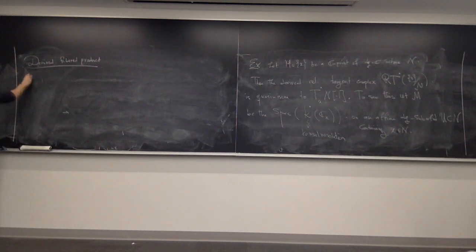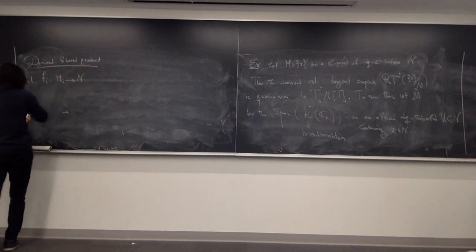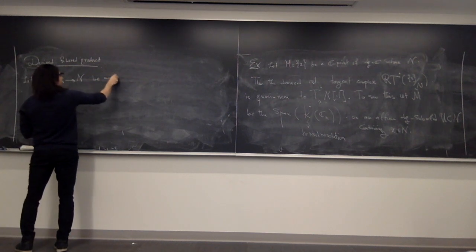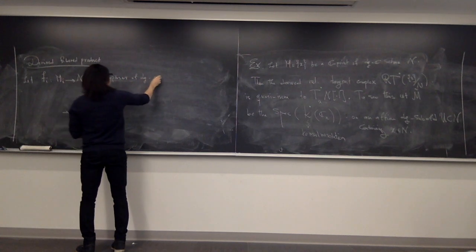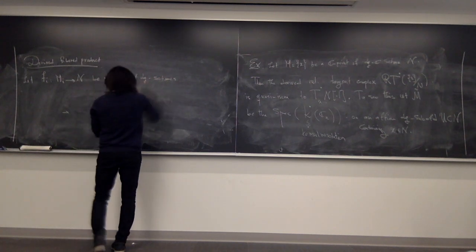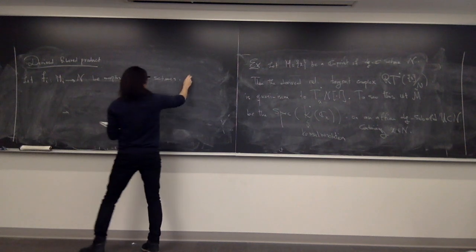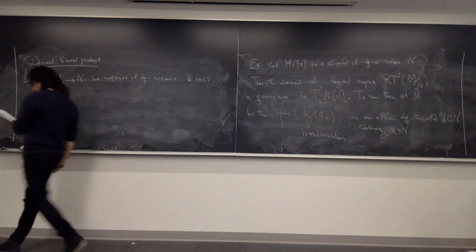So let f_i from M_i to N be morphisms of DG schemes, for i equal 1 and 2.